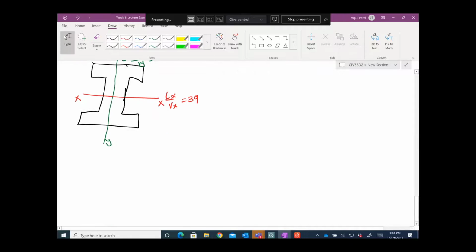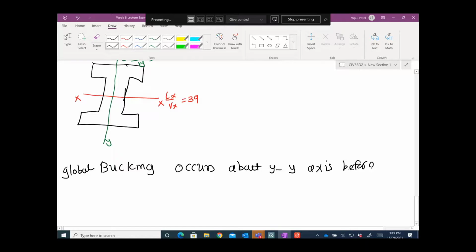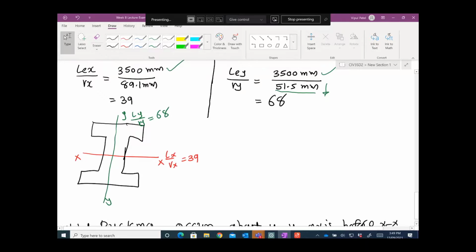So global buckling occurs about the y-axis before the x-axis. Yes, it can occur about the x-axis as well. I'm not saying it will not occur, but which one occurs first? It will occur about y. Why?